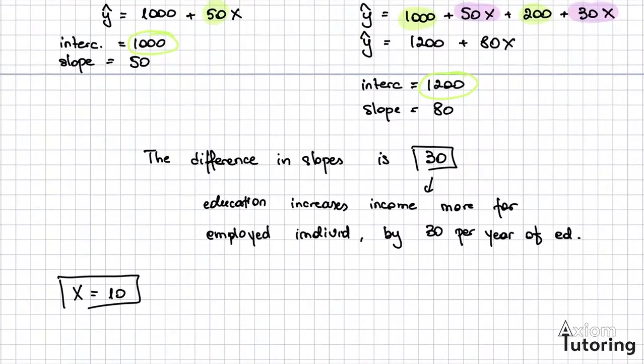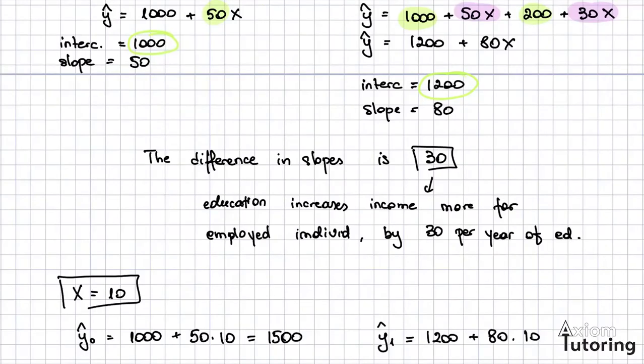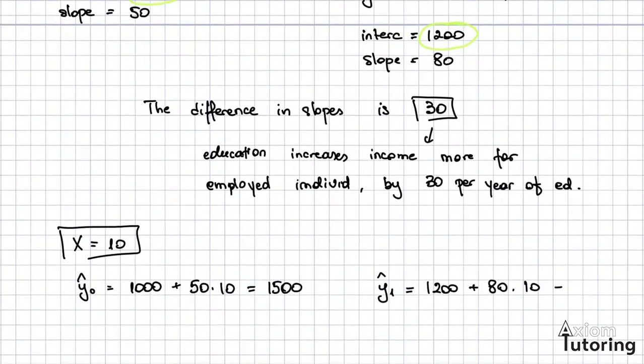So for 10 years of education, in case 1, the predicted Y for the unemployed people is simply 1,000 plus 50 times 10, which gives us 1,500. Instead, for the employed, we're going to have a predicted value, Y1, of 1,200 plus 80 times 10, which gives us a total of 2,000.